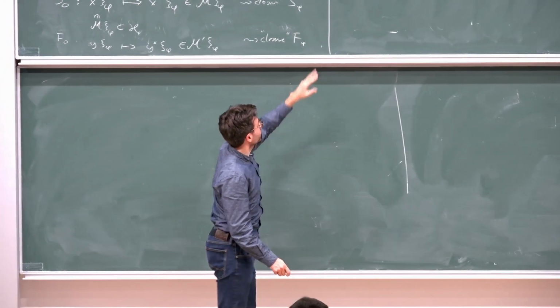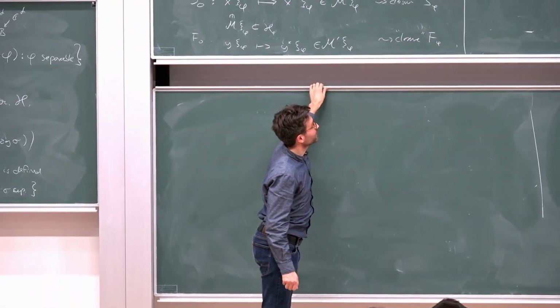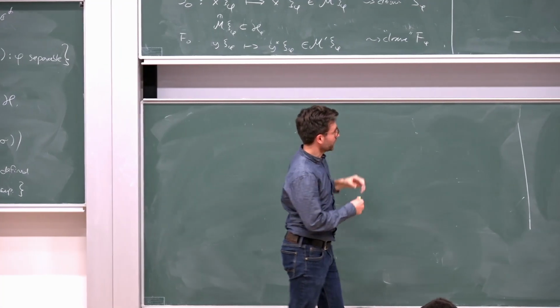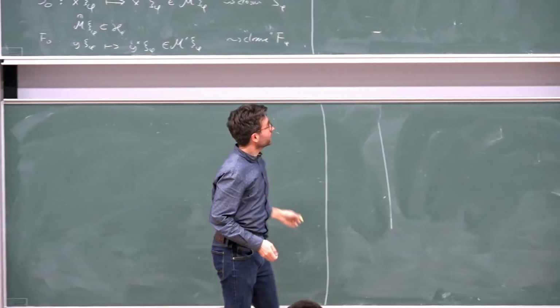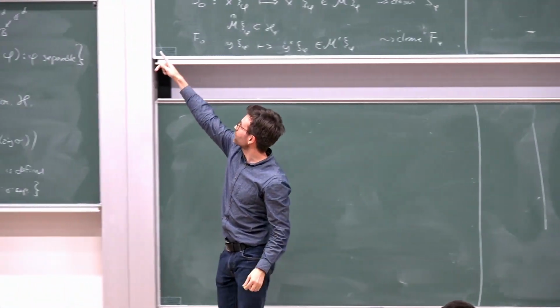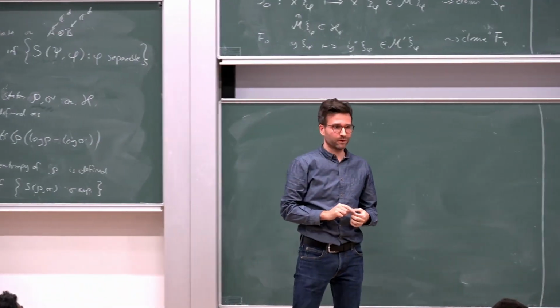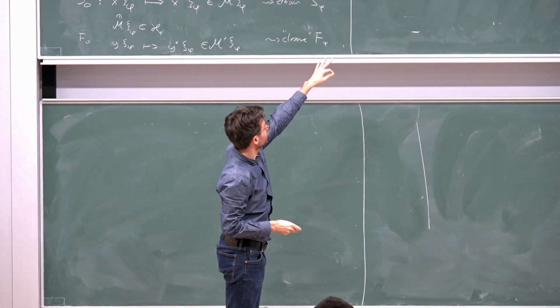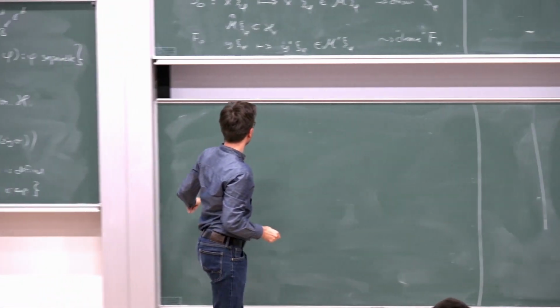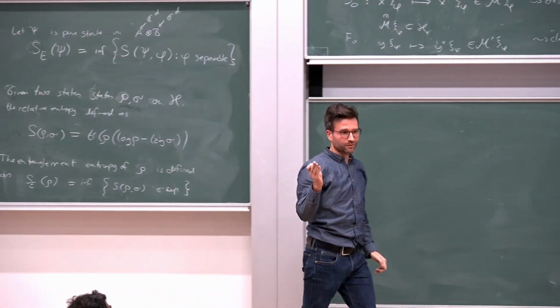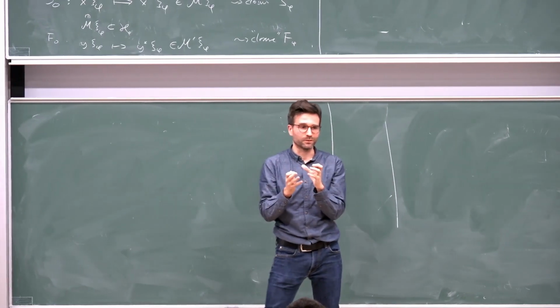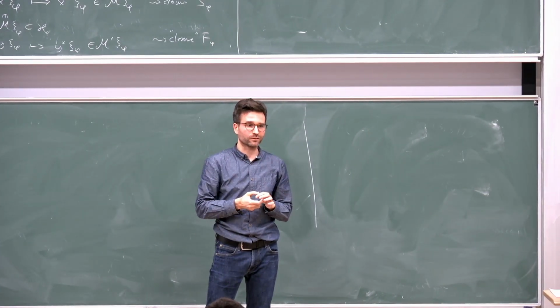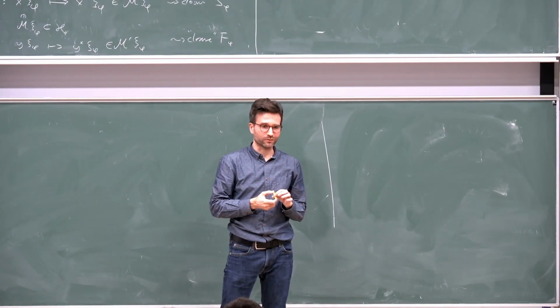Okay, so this is maybe a complicated definition, but we can work that out in our starting situation, in the initial situation of finite dimensional algebras again. So we see what this actually means in finite dimensions. We already saw in the morning how to do the GNS construction for finite dimensions, and we get exactly the purification from Gemma's talk out of that.